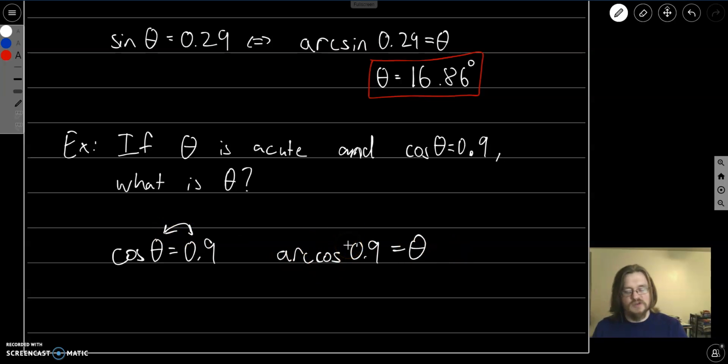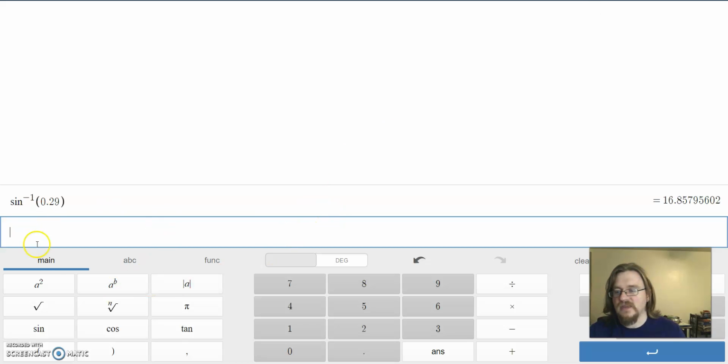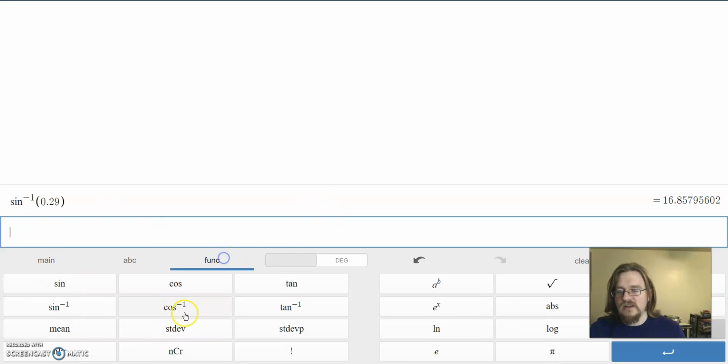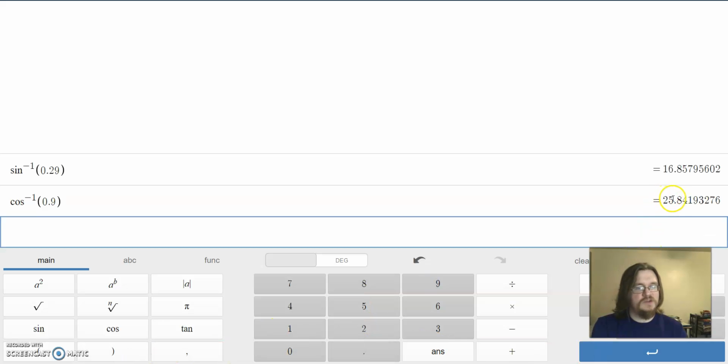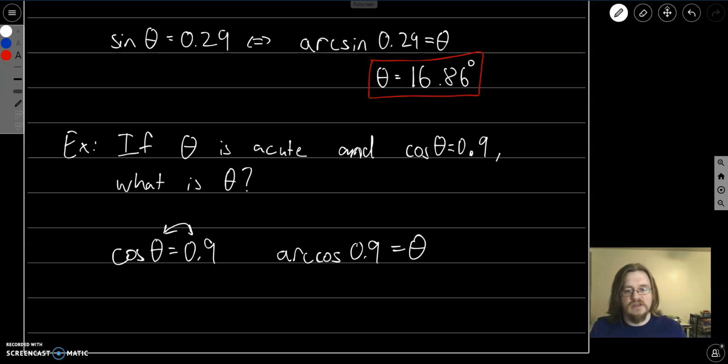So I can just pull up my calculator again and type in the inverse cosine of 0.9, and that should give me theta. So again, no inverse cosine here, but in the functions tab, yeah, we have the inverse cosine of 0.9, and that is equal to 25.84.